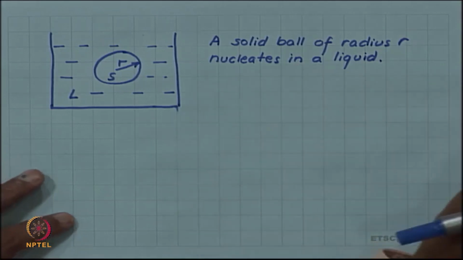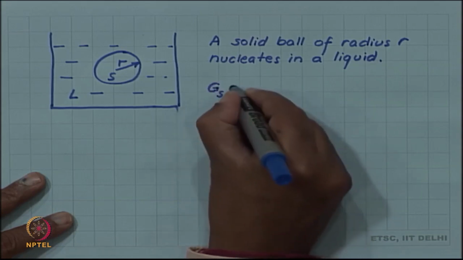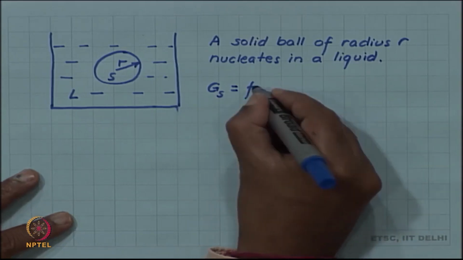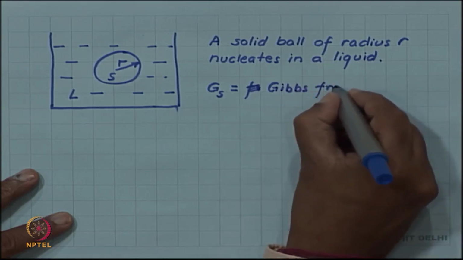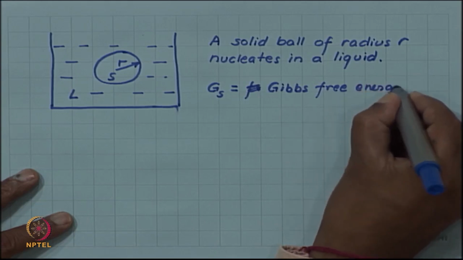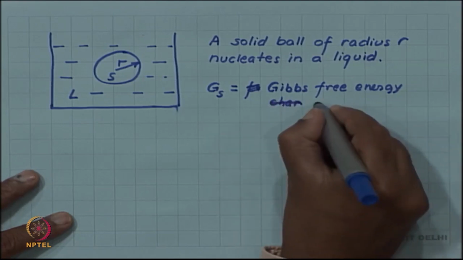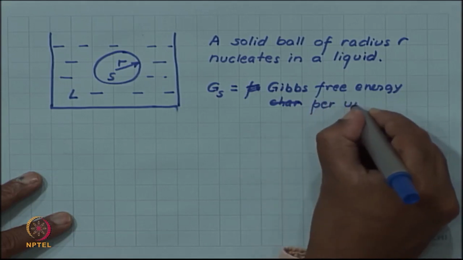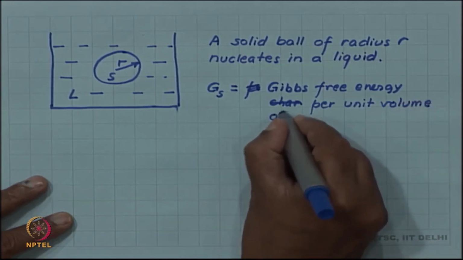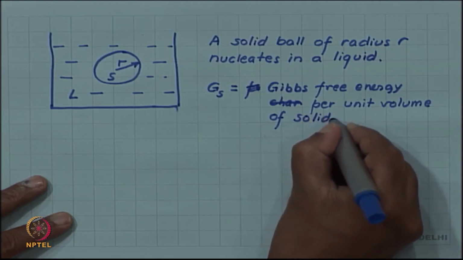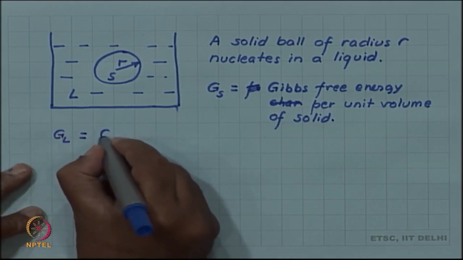So, what will be the changes in energies? Let us define G s as the Gibbs free energy per unit volume of solid, and let us say G L is a similar quantity for liquid.